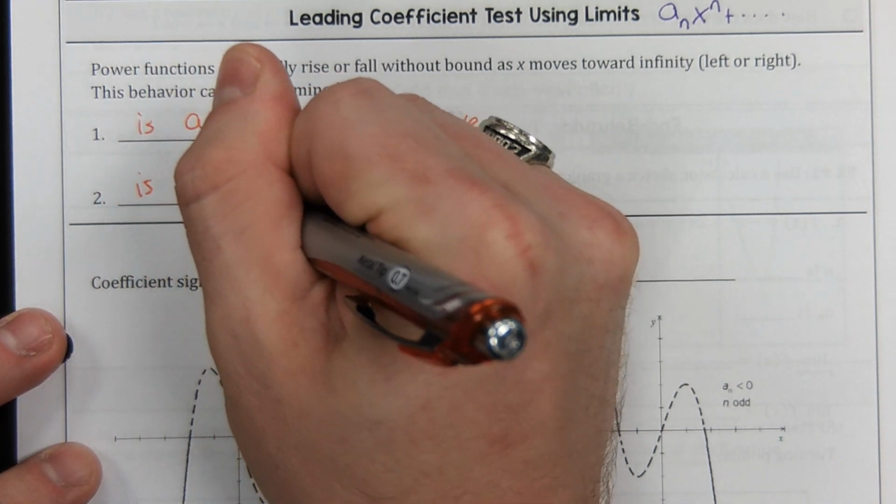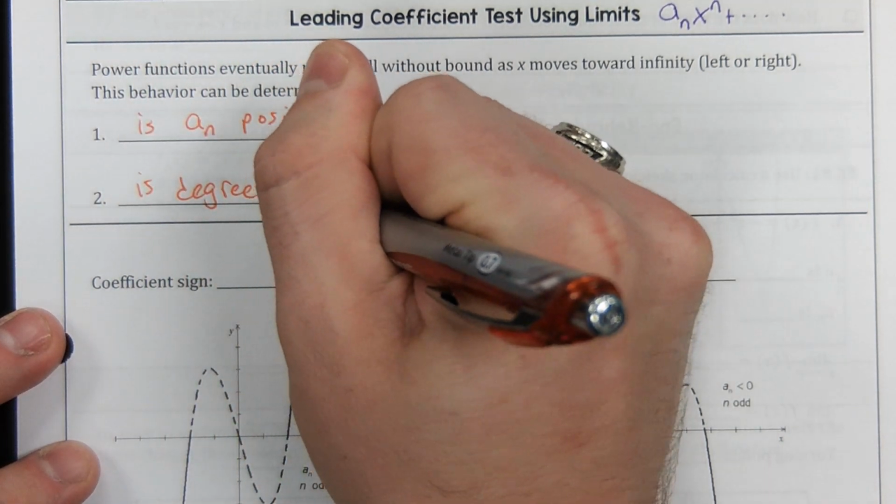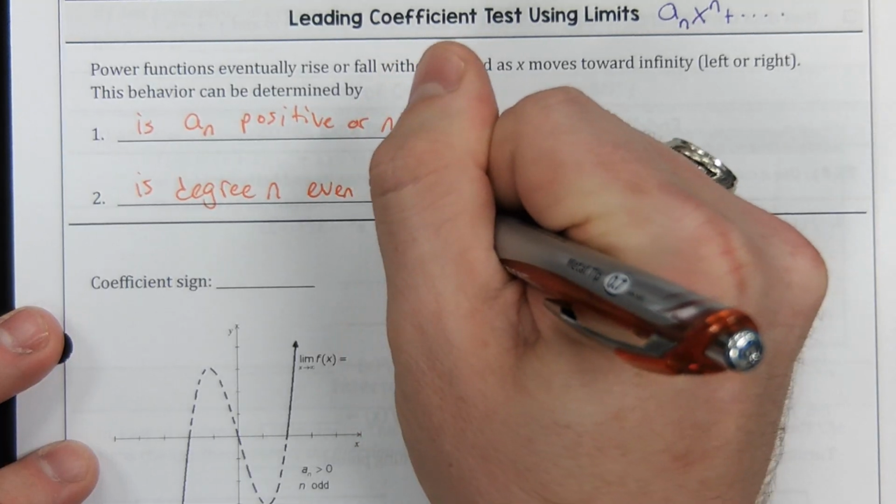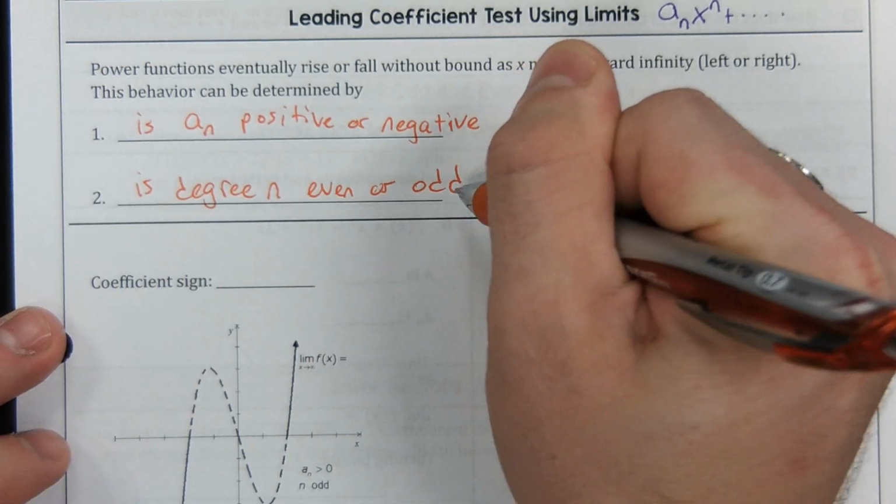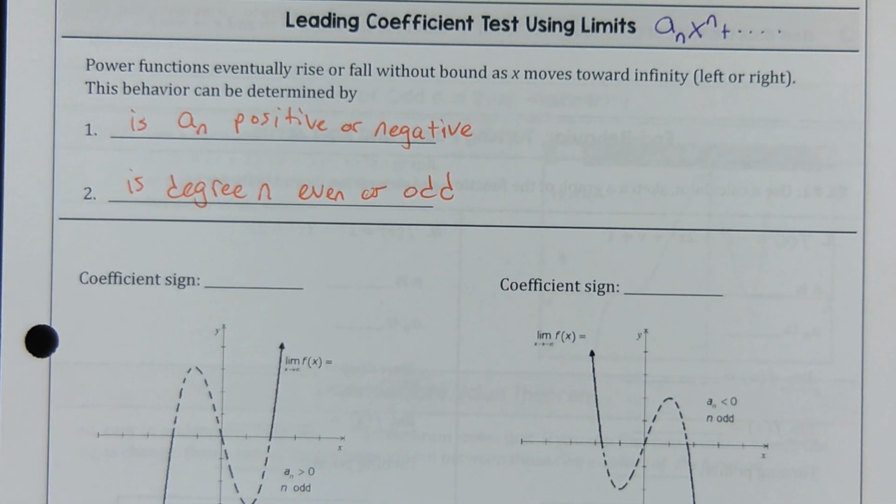Is degree n even or odd? That is enough information for you to determine what the endings of a polynomial look like, called end behavior. Very simple.